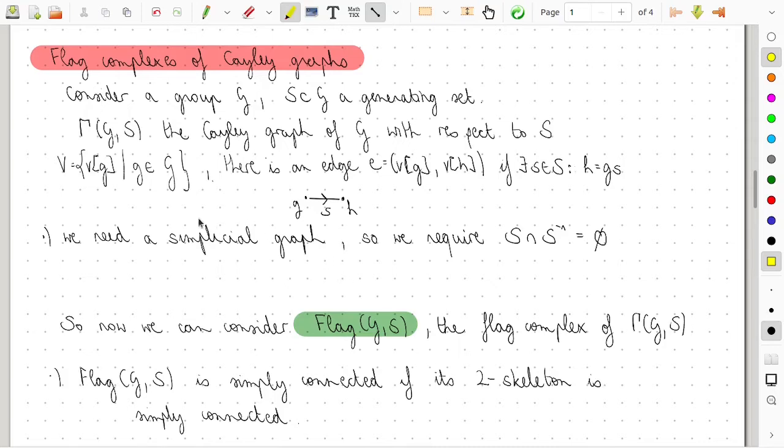So, to have a simplicial Cayley graph, we need to require that S intersected S inverse is the empty set. Once we have this condition, we can define the flag complex of the Cayley graph. This flag complex is always connected, since the underlying Cayley graph is connected. Let us find conditions on the generating set that imply that the flag complex is simply connected.